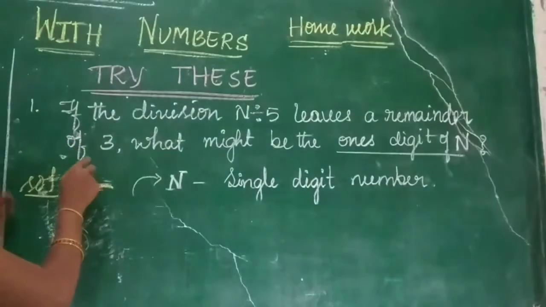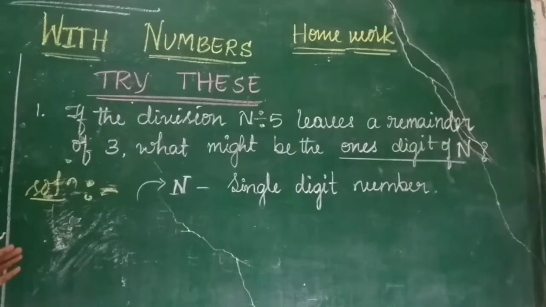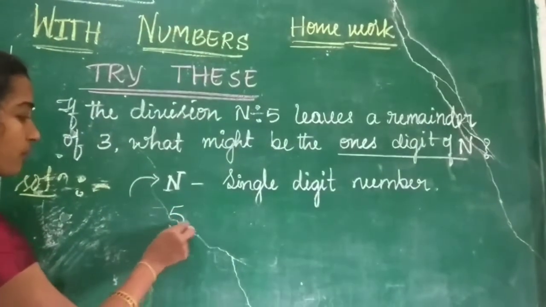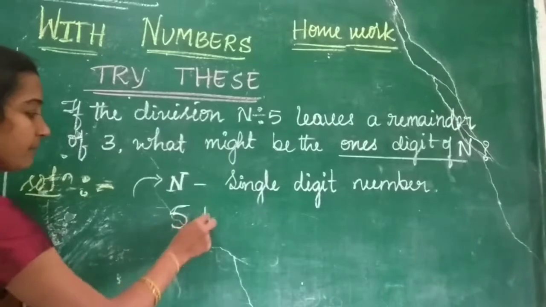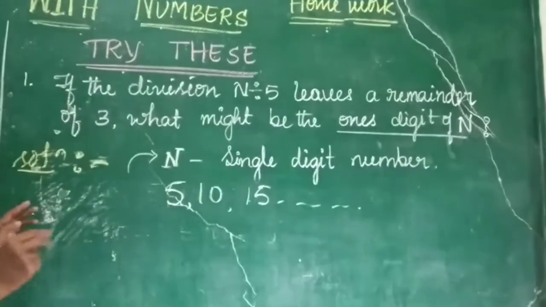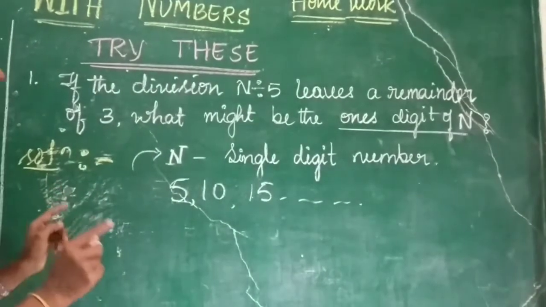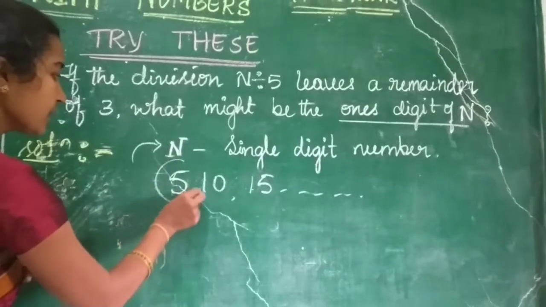Here, this problem is based on divisibility by 5. So now let us take multiples of 5 such as 5, 10, 50 and so on. Look here. The possible case of taking the single digit number is only 5.